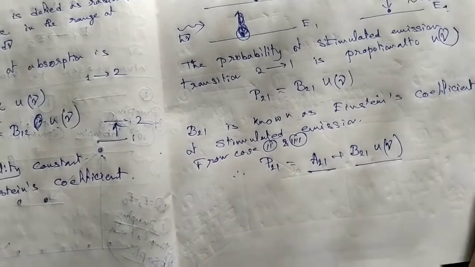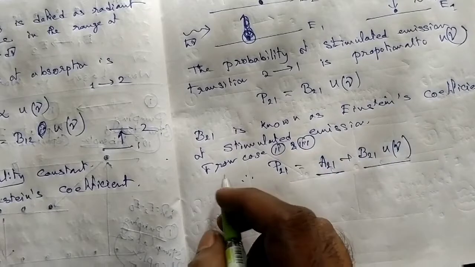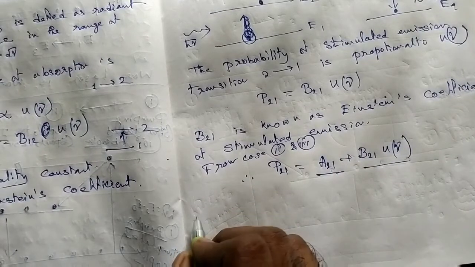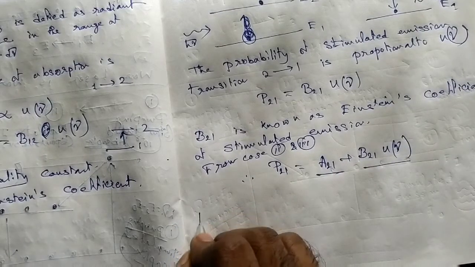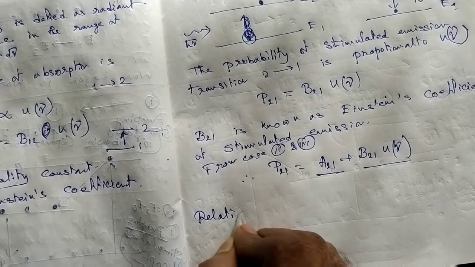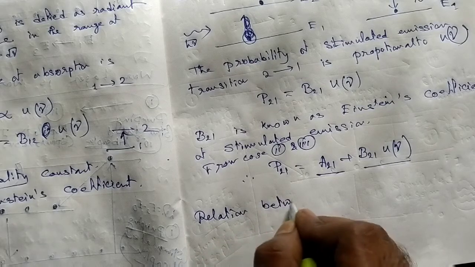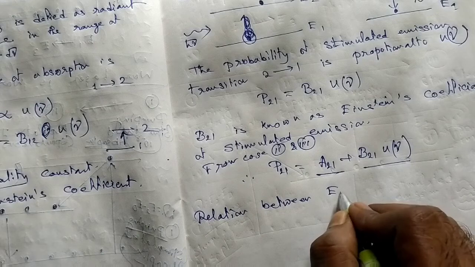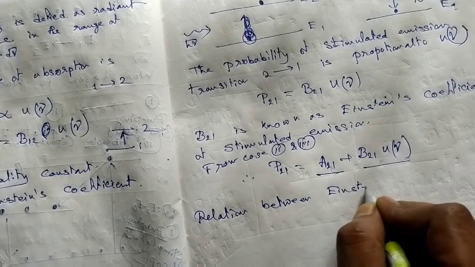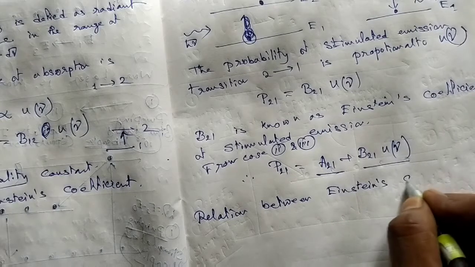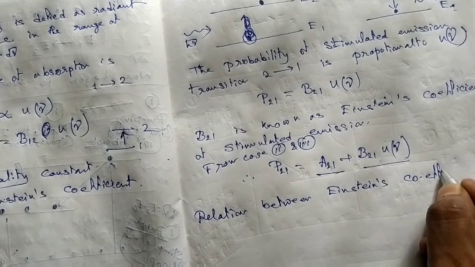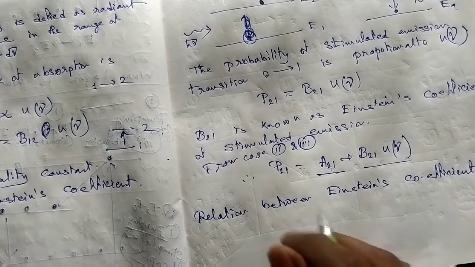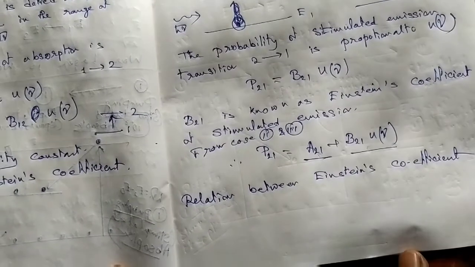Okay, so now we try to develop a relation between Einstein's coefficients. So you already have the three coefficients of Einstein: B12, A21, B21.